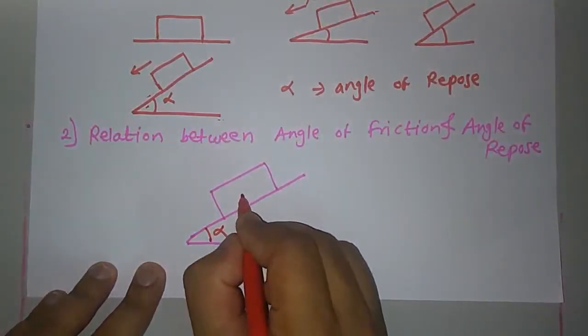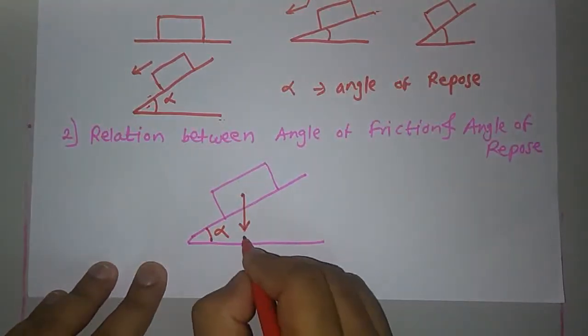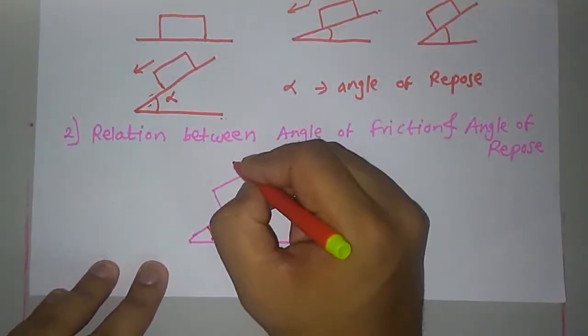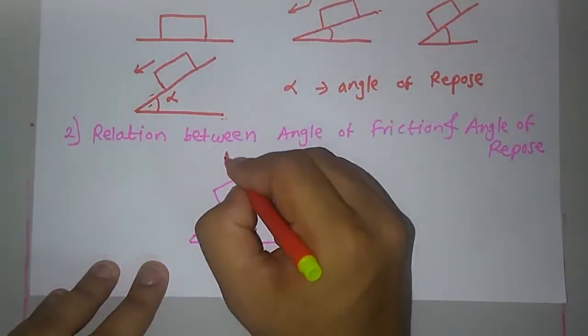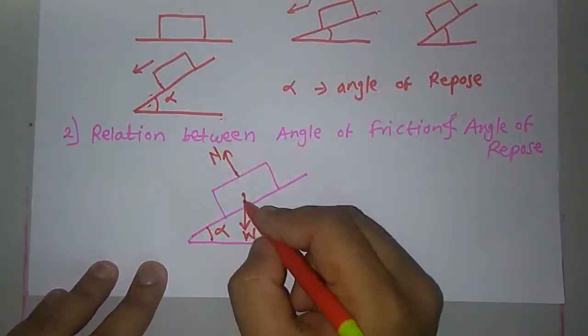Here the weight of this body acts vertically downward, and we denote it by W. Then here is the normal reaction, which is perpendicular to the surface, not perpendicular to the weight.